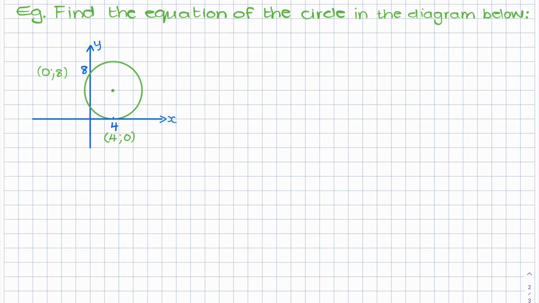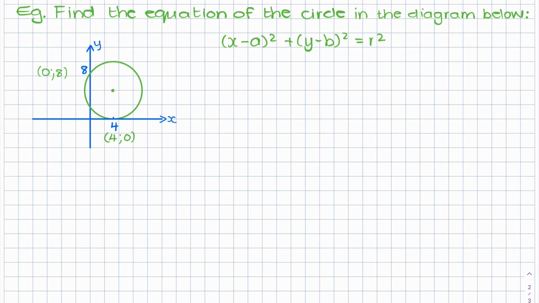But that doesn't help us because we still need to have the coordinate of the center in order to substitute into our equation for a circle. So we need to find an expression for the center of the circle so that we can substitute our coordinates in here.